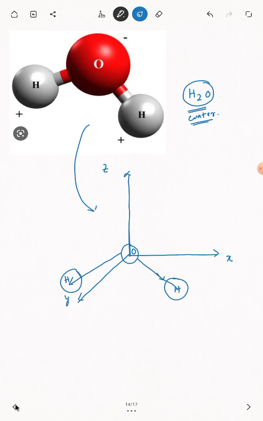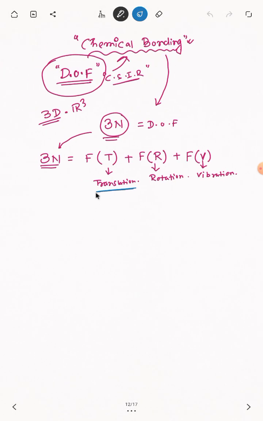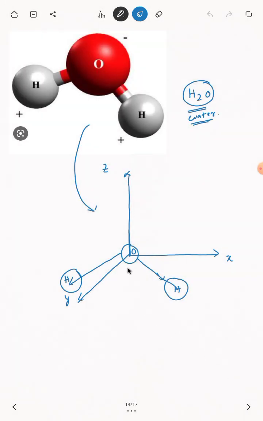Now first of all, we should realize translational motion. What is translational motion? See, if this is the Z axis and this is the negative Z axis, cannot we move this three particle system upward and downward along this particular straight line? That is the Z axis. Yes.